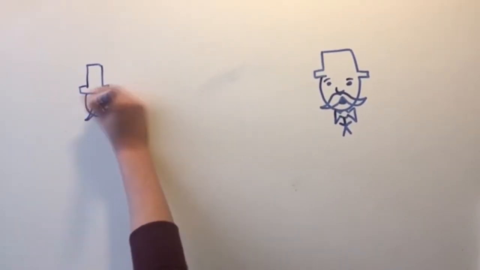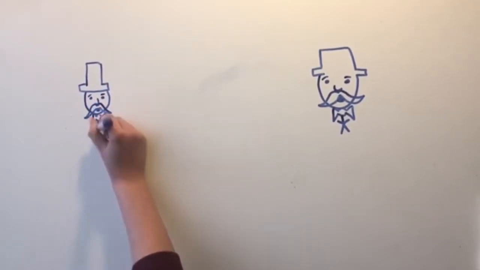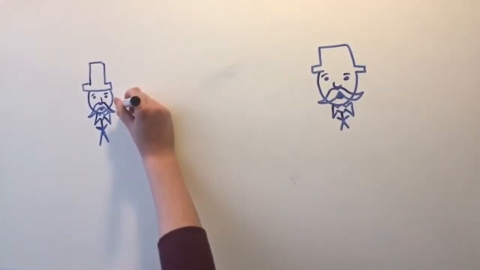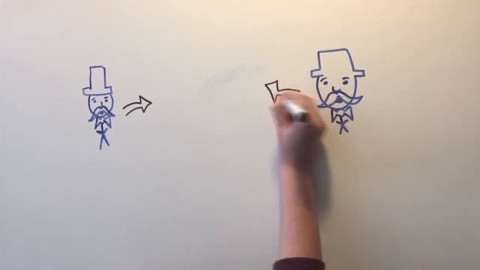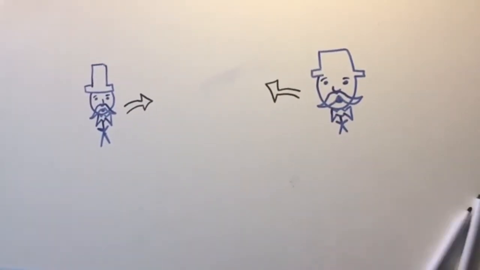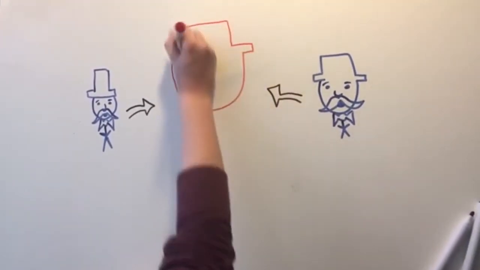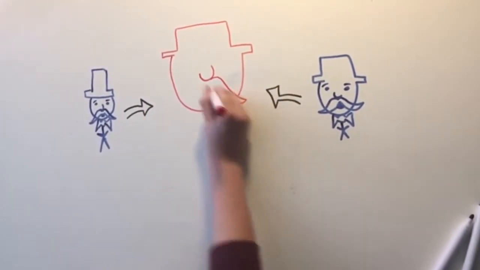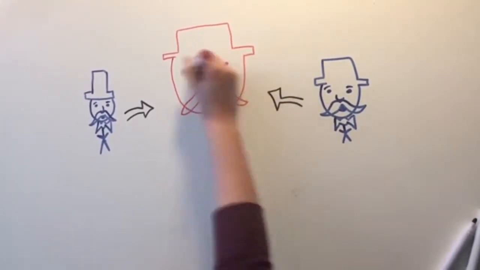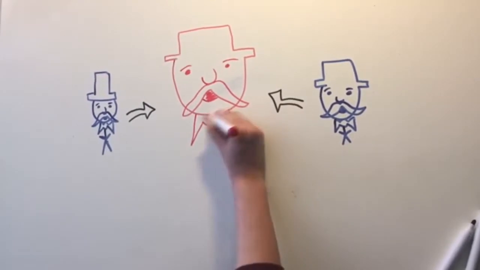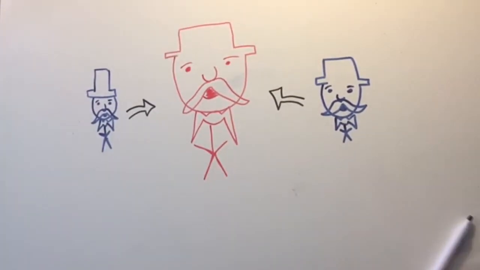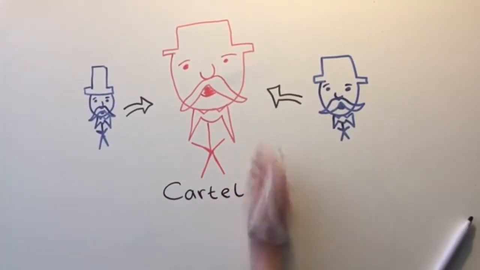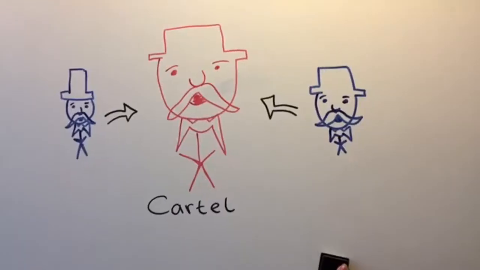This could be achieved if both firms cooperate. This is known as collusion, and the firms that are working together are known as a cartel. The problem with this is that the firms in an oligopoly are now working together, and so they are no different to a monopoly. For this reason, many countries have competition laws in place to prevent this from happening, as it leaves consumers worse off.